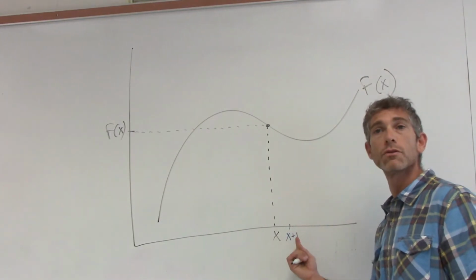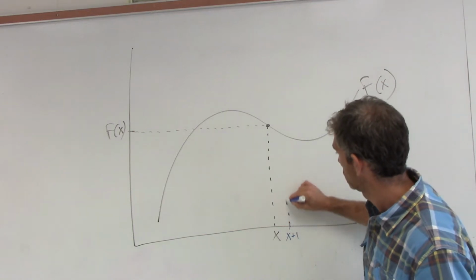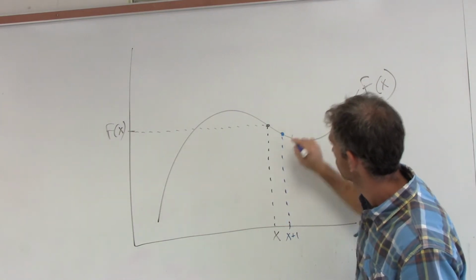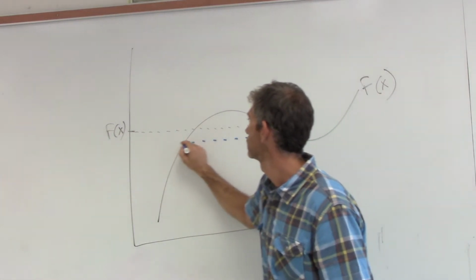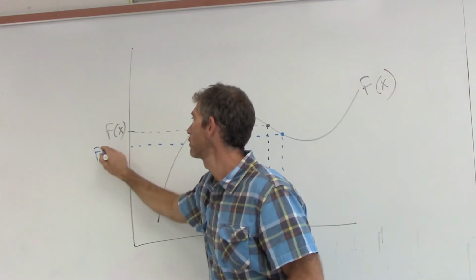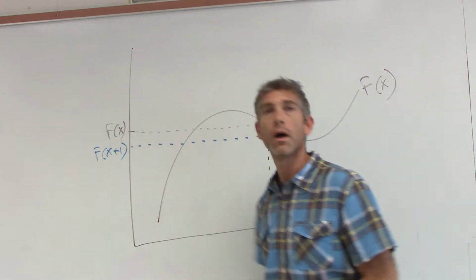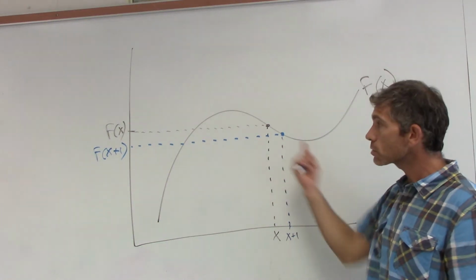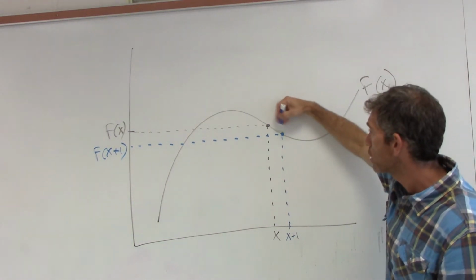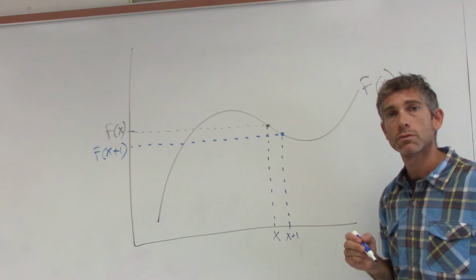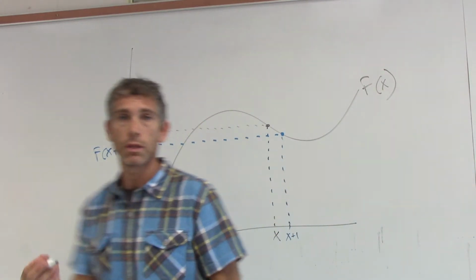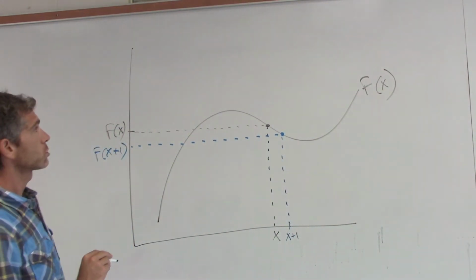We'll move 1 to the right. And that would get us a new value, f of x plus 1. And we can certainly measure the change between those two values. I would calculate the slope.